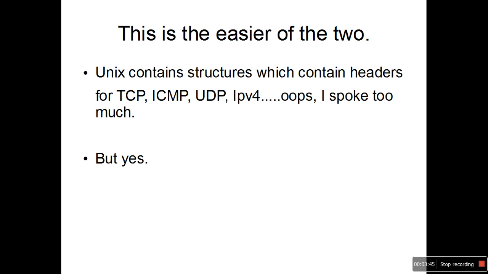The first approach can be said to be a bit harder. It's not that hard, but it's a bit cumbersome if you ask me. The easier of the two approaches is that Unix itself contains structures which contain headers for TCP, ICMP, UDP, IPv4. Well, I think I've spoken too much, but yes, it is the truth.